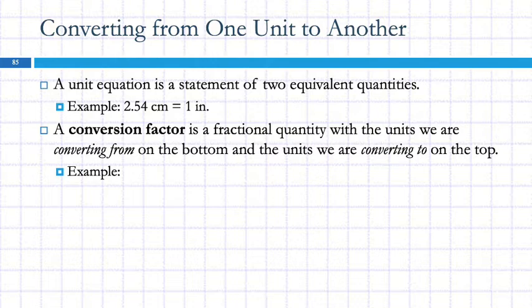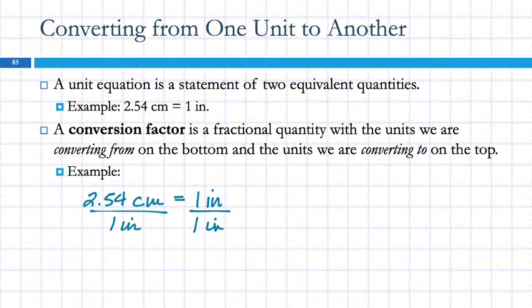So if I take 2.54 centimeters equals 1 inch, and I divide both sides by 1 inch, when I do the same thing to both sides of an equation, it's still equal, right? And then we could do a little simplifying. What's 1 inch divided by 1 inch? It's 1. Anything divided by itself cancels to 1. So this is equal to 1.